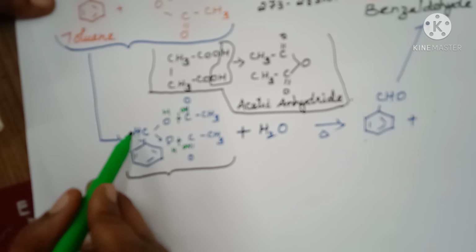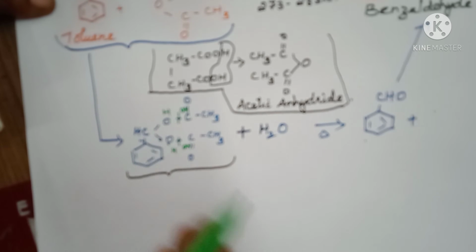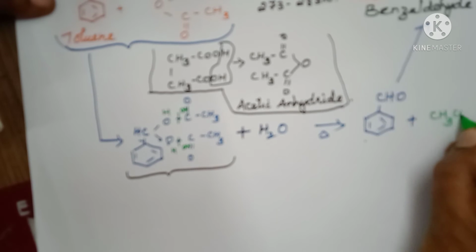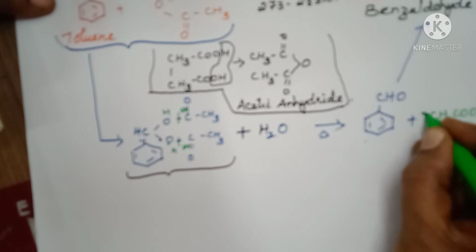Here CHO, and then here also CHO we are going to receive. CH3COOH is a side product.